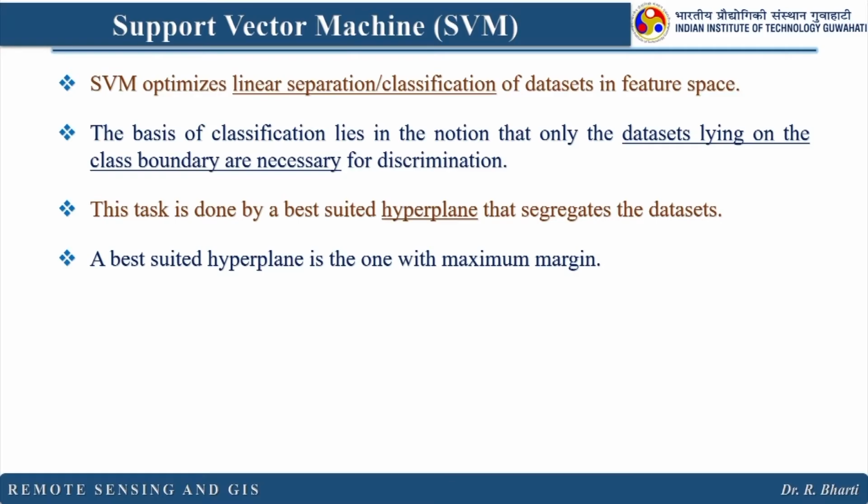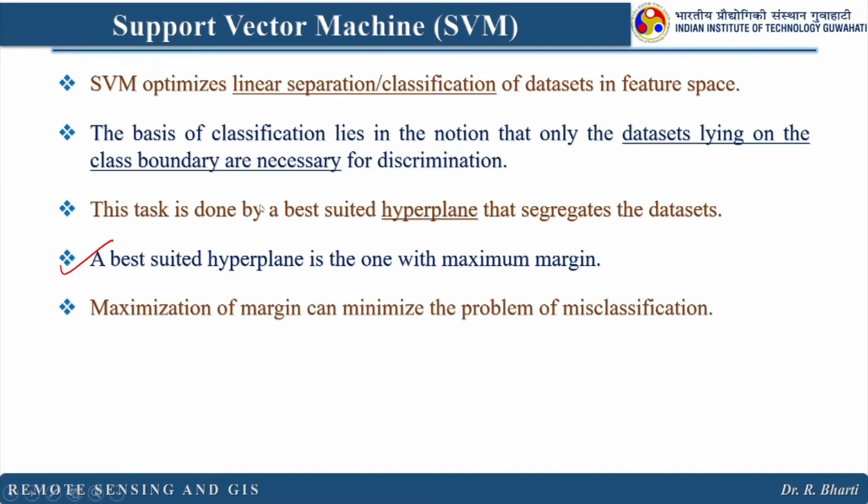The best line will be the one where both classes have equal distance or separation. So, the best suited hyperplane is one with maximum margin. Maximization of margin can minimize the problem of misclassification.